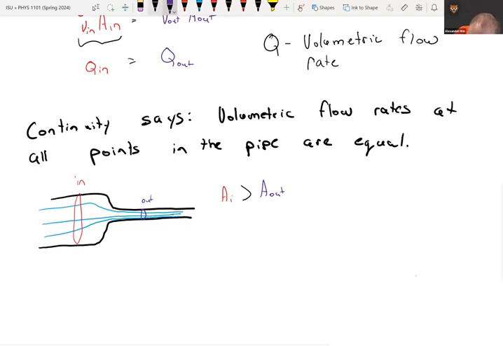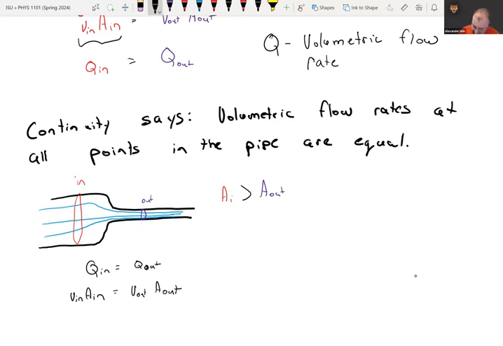So if we have Q in equals Q out, we need to remember that the volumetric flow rate is just the speed of the fluid times the cross-sectional area, and that will be the speed of the fluid out times the cross-sectional area out.